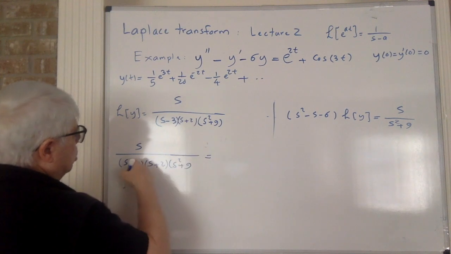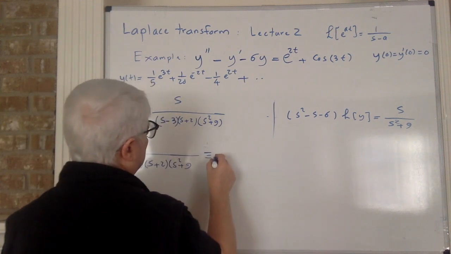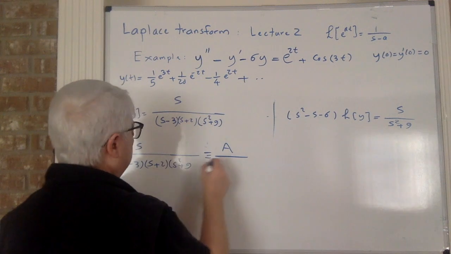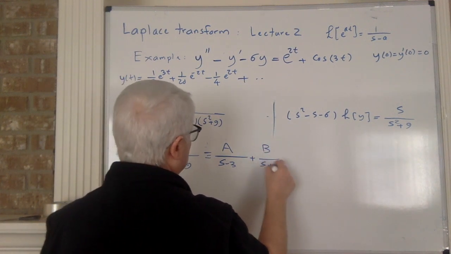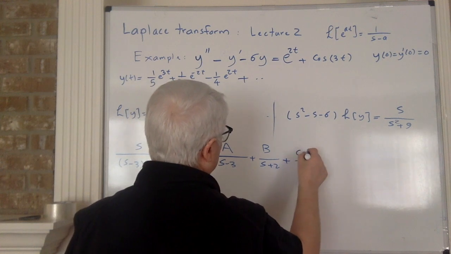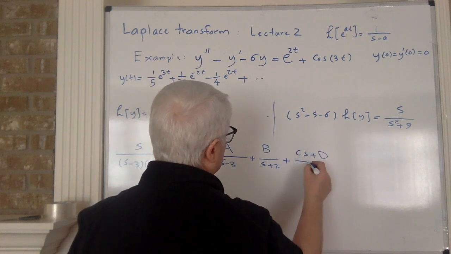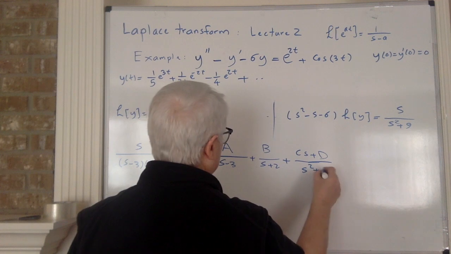So this one will be A over s minus 3 plus b over s plus 2 plus c s plus d over s squared plus 9.